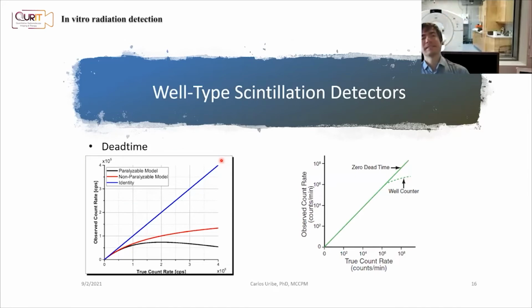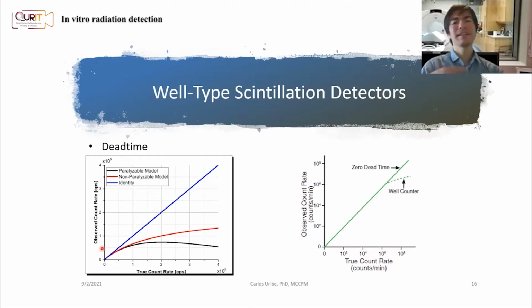There's this thing called dead time. Ideally, if you have some count rate reaching your detector, then you should observe that count rate. For example, if 10,000 counts per second are coming from your source, you should observe 10,000 counts per second. If you have 20,000 counts per second, you should observe the same.